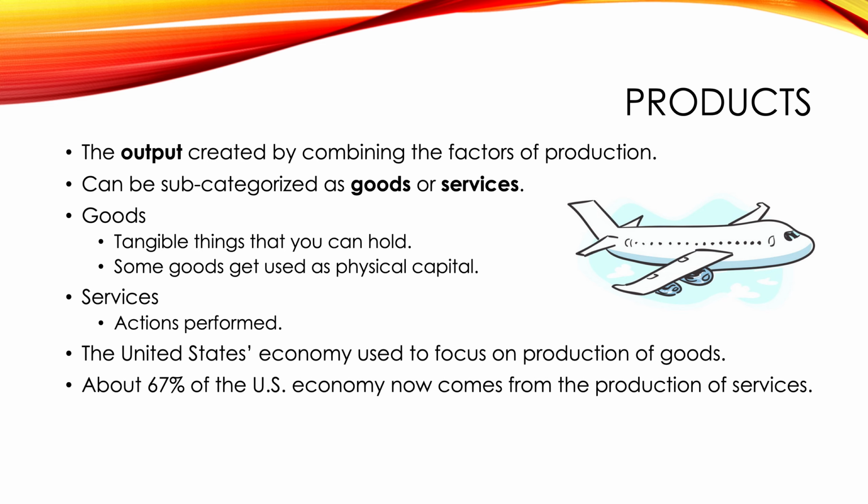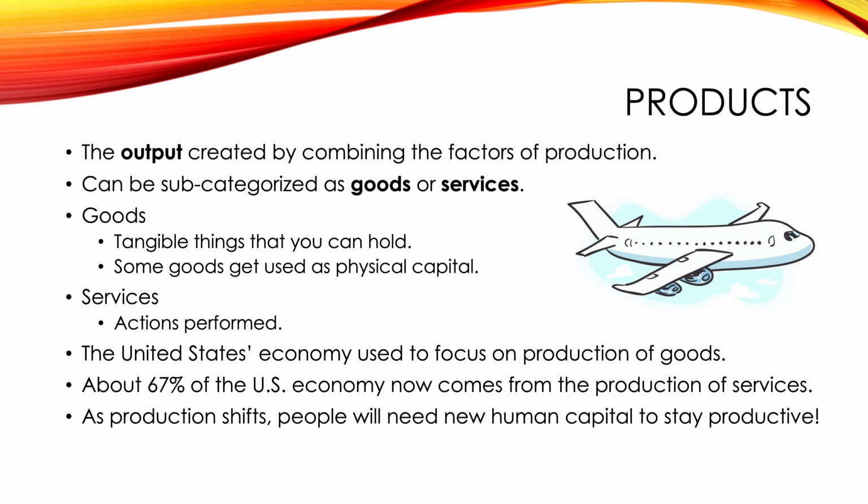Well, it matters because as this ratio changes, as we produce more services and fewer goods, people need new human capital in order to stay productive. And you see this all the time. So if you used to work in a factory that produced a good, and the United States is moving away from the production of goods, and you find yourself in a situation where to earn your livelihood, you have to produce a service, you're probably going to need some new human capital, unless the skills from your old job perfectly transfer over into your new job, which is hardly ever the case.